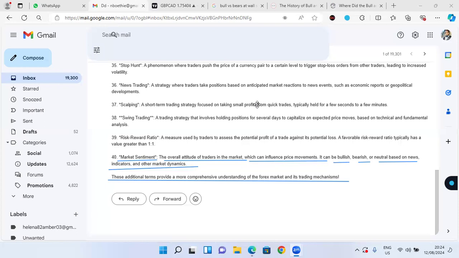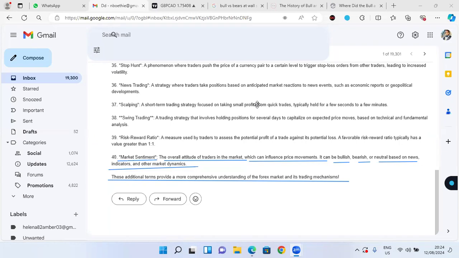It's the same with swap. When you borrow money and you buy a currency with a high interest, you will be paid. What will you be paid? You will be paid swap, meaning you will be rewarded for borrowing money and investing in a currency with high interest. Is it clear there? Yes.